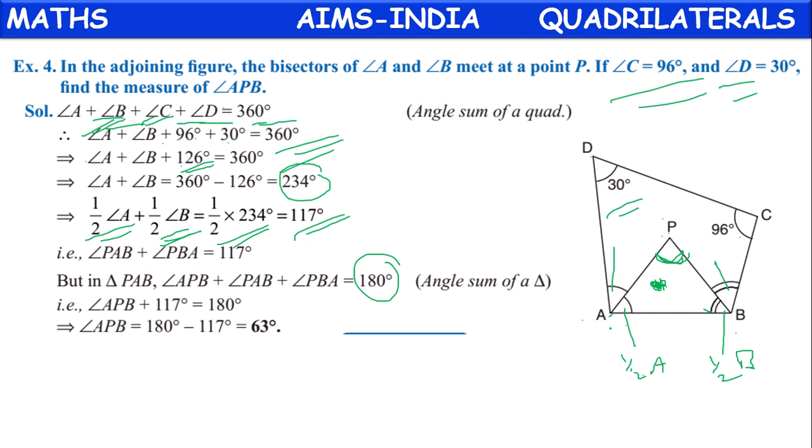Half A means PAB, PBA, APB. These three, in the small triangle PAB, sum equal to 180 degrees.